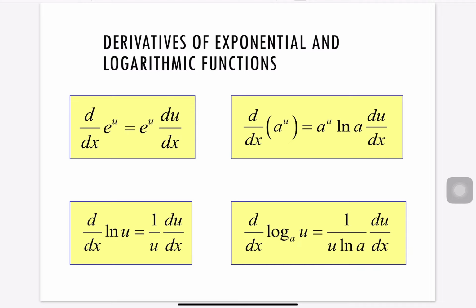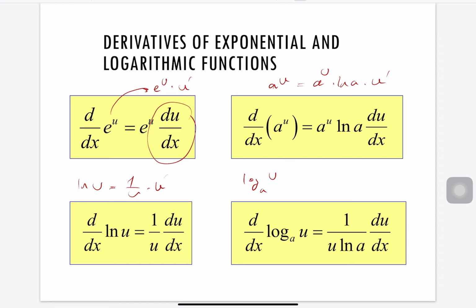Then again I show you, e power u, the derivative will be e power u multiply u prime. Meaning a power u equals a power u multiply ln a multiply u prime, the derivative of u. Ln u equals 1 per u multiply u prime.